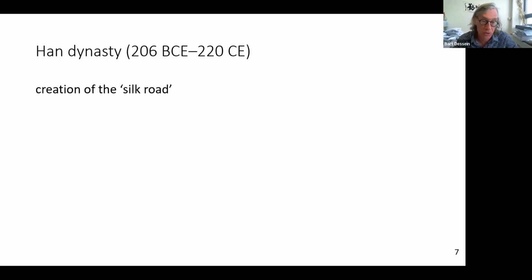Some important elements of this cultural exchange are to be situated in the religious context, with the entry of Buddhism in China at the beginning of the Common Era, and also, already in the 7th century, the entry of Islam.